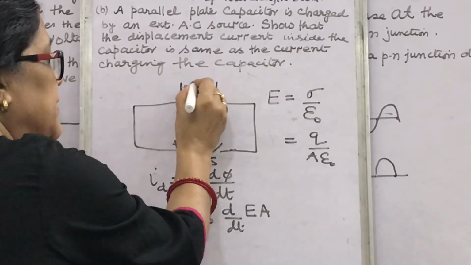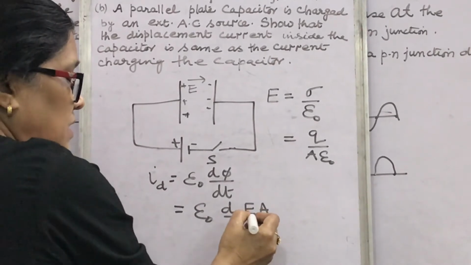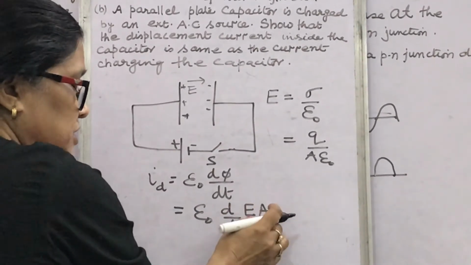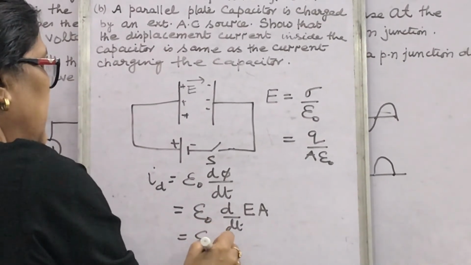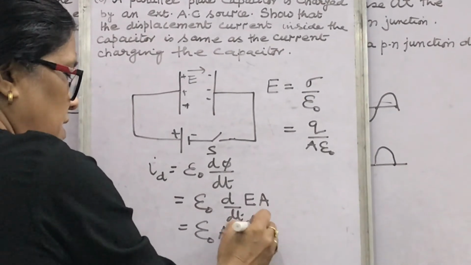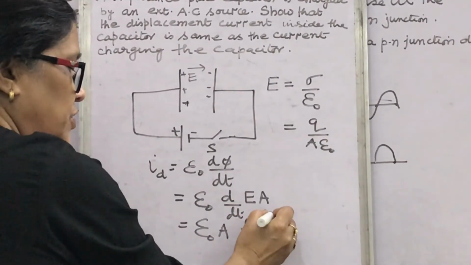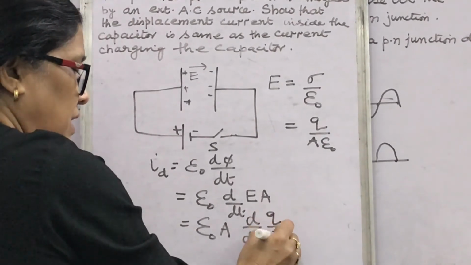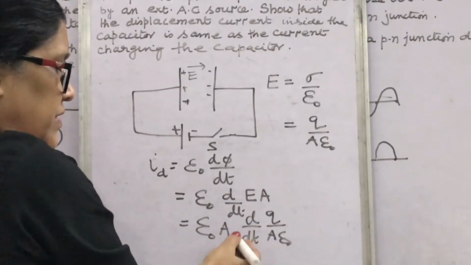Then what happens during the charging process of the capacitor? This E and A, its product, you have written here. Now in this epsilon naught, you can take A out and write d by dt of E. What is this E? Q upon A epsilon naught. Look, what will you get?